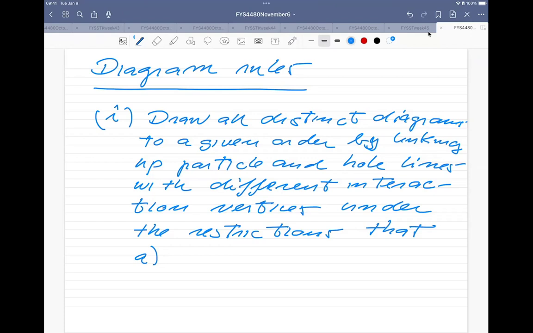So we said that we should draw all distinct diagrams, topologically distinct, to give an order by linking up particle and hole lines with different interaction vertices under the restriction that the ordering of the interactions remains unchanged. So if one interaction comes at this stage, then the other one comes at the other stage. So we cannot flip them.